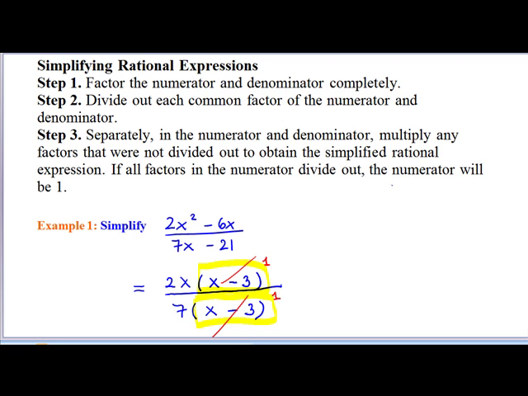We remember when you learned somewhere in the past that a over a is 1. The same thing applies to this case. Step 3 is whatever is left over, you can multiply them. So 2 times x times 1 is 2x over 7 times 1 is 7. So that is our answer.